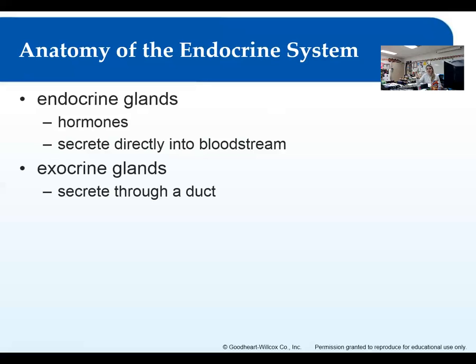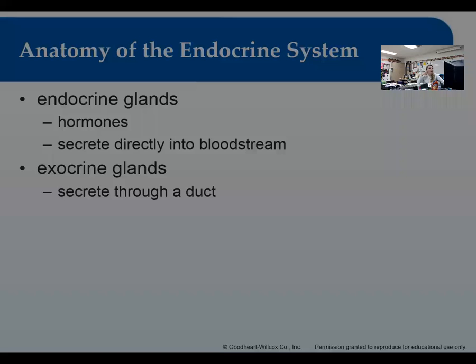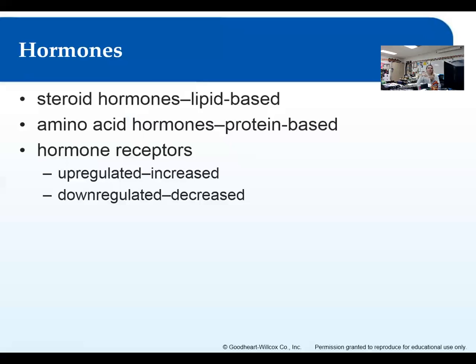Growth and development, we have growth hormone. And responses to infection and stress can also be hormone related, as well as our energy balance, like our ability to get up and go and sleep. So all those are examples of processes affected by the endocrine system.